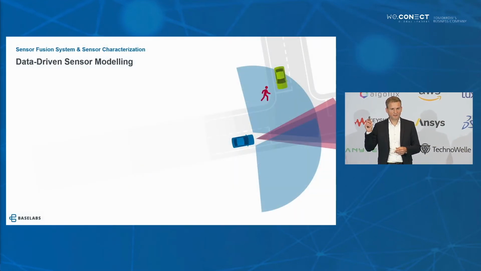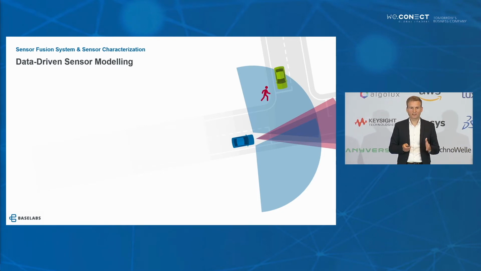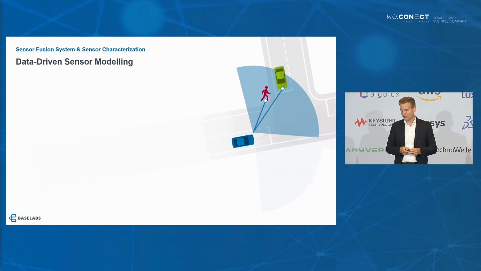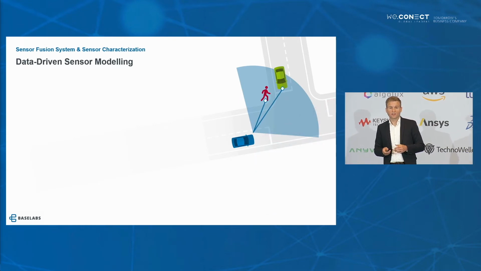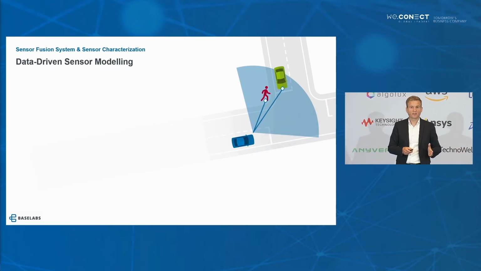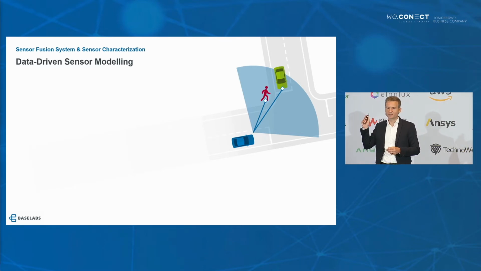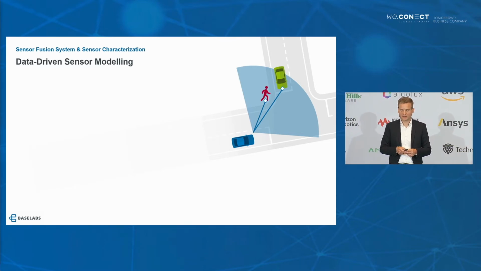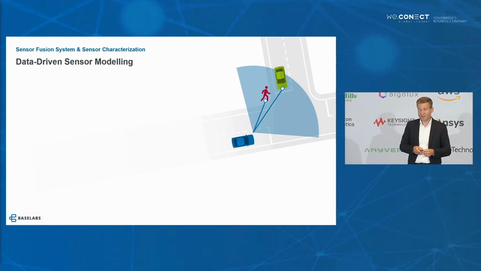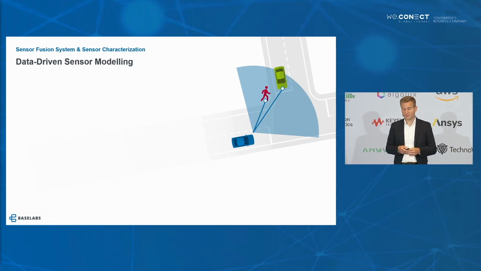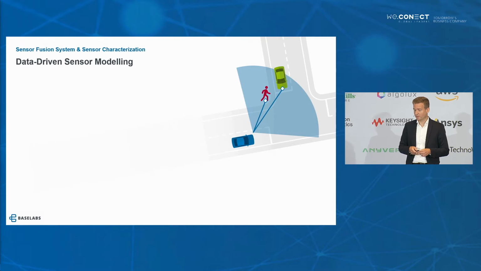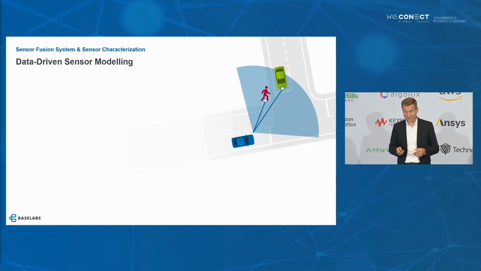So let's have a look at this typical scene here where we have multiple sensors, and for now let's reduce that to just one sensor, and even more to a single quantity that sensor observes. Let's say this is the range measurement that this sensor gives to us, and we want to find a model for that.